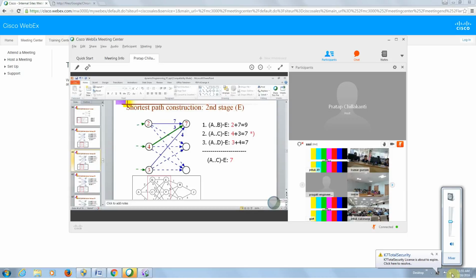Now, once you finish that one, then you're still in that second stage. Now you're going to compute for E, right? Remember? So we have ABE 279, 4 plus 3, 7. You pick ACE 7. So far so good. Once you pick, he is marking that with this was C node, remember, right?